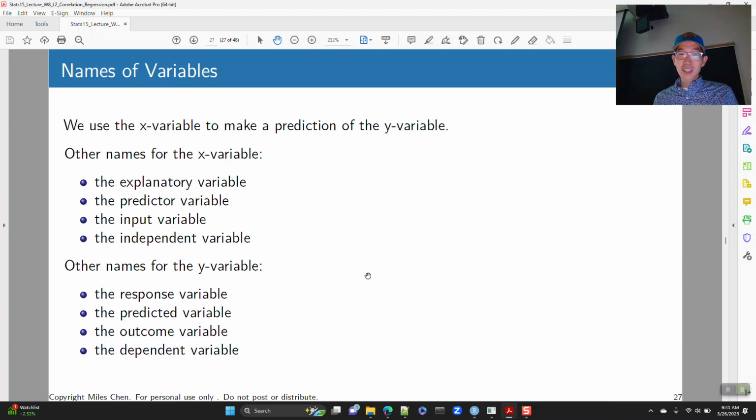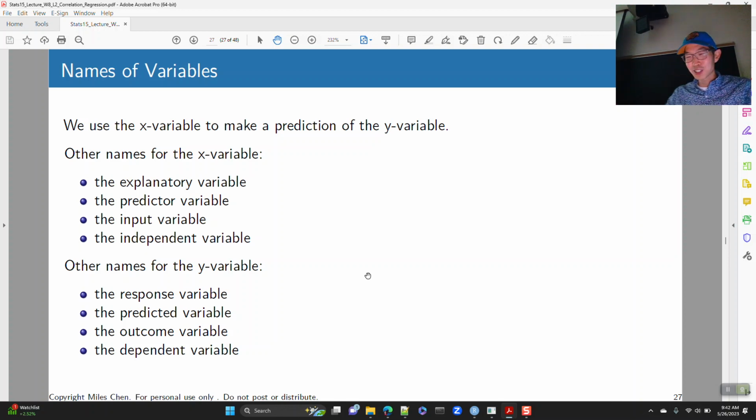These are some of the names you'll see for the x variable: explanatory variable, predictor variable, input variable, independent variable. For y, we have response, predicted, outcome, dependent variable. I don't know why we don't have agreement on all of these terms, but that's just a heads up. I imagine you are using the internet to help you do stuff for your projects.